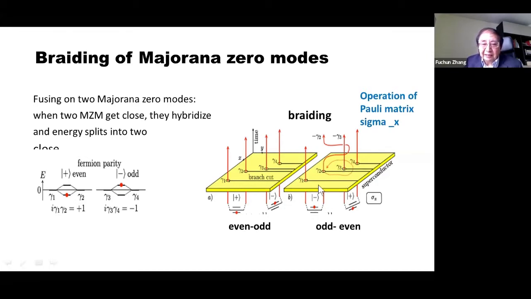So at the end, after this braiding, the 1, 2 pair becomes odd, and the 3, 4 pair becomes even. That process is similar to the operation of a Pauli sigma x: you lower one and raise another one. So that gives you some idea of braiding of Majorana zero modes.